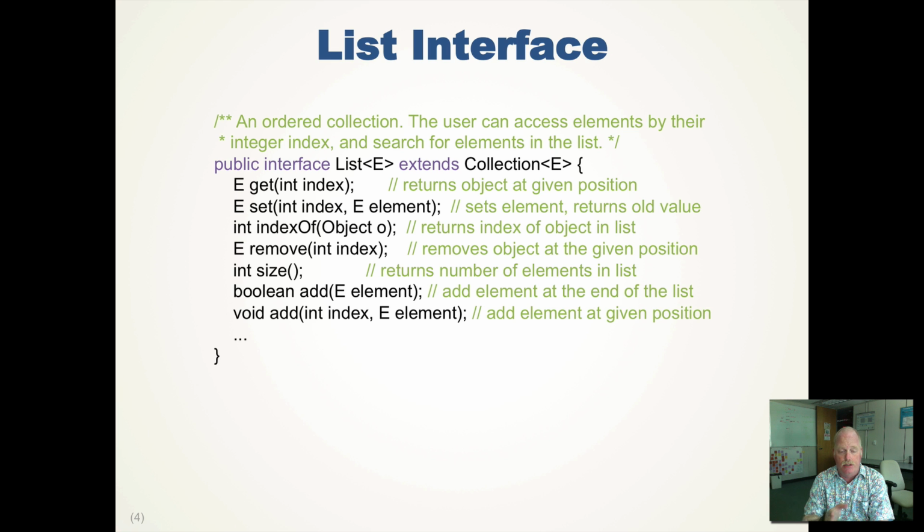So if you're going to insert into index 2, the old item at 2 is now going to have an index of 3, and it shifts everything down the line. So you can add to the middle of a list or anywhere in the list using the add index element command.